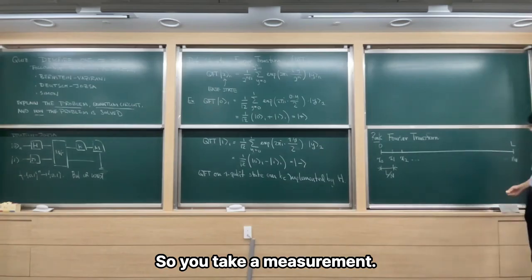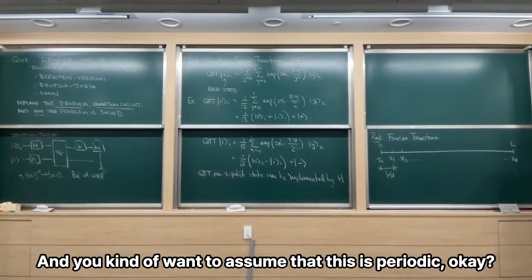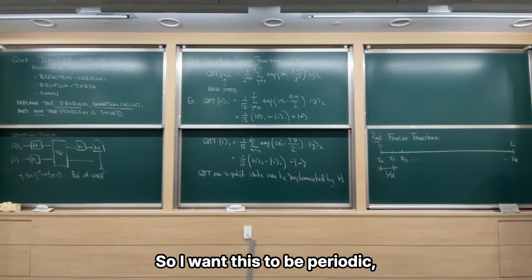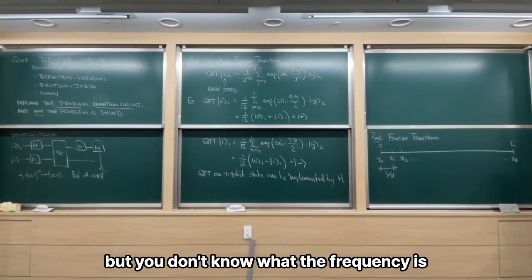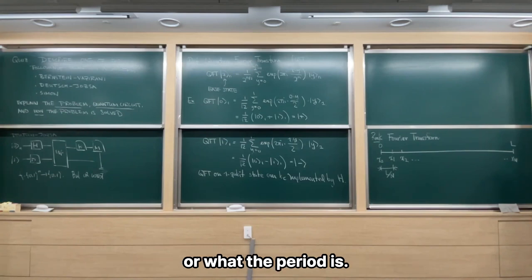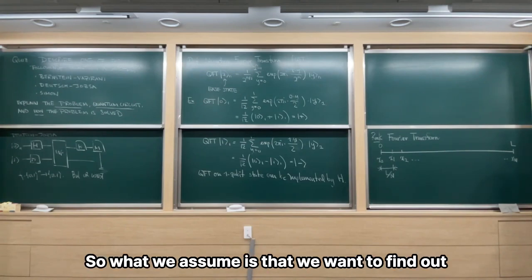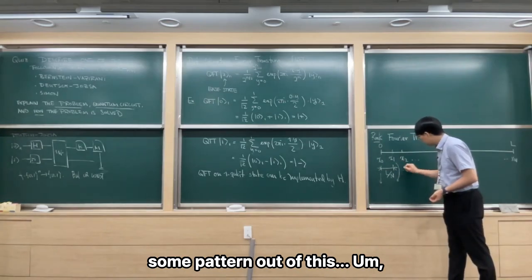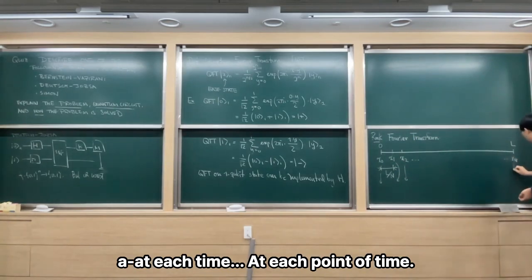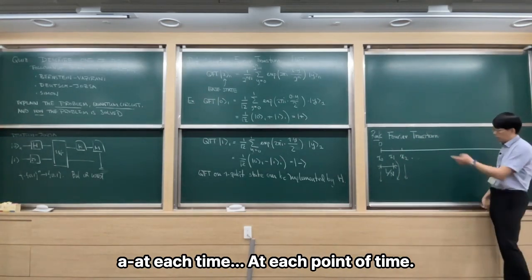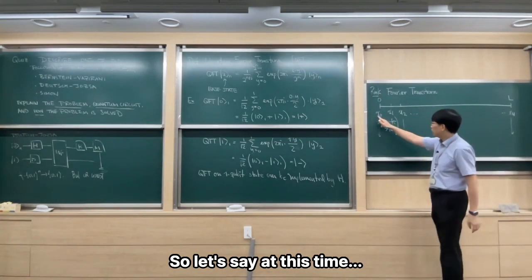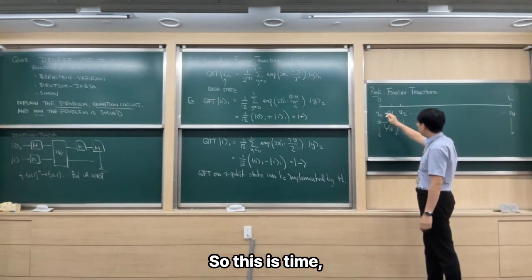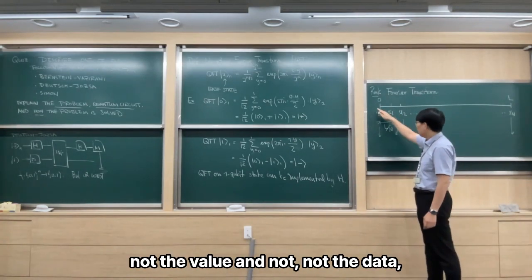Okay, so you take a measurement, and you want to assume that this is periodic. Because I want to find the period, I want it to be periodic, but you don't know what the frequency or the period is. So what we assume is that we want to find some pattern out of this at each point of time. So let's say at this time, so this is time, not the value, not the data.